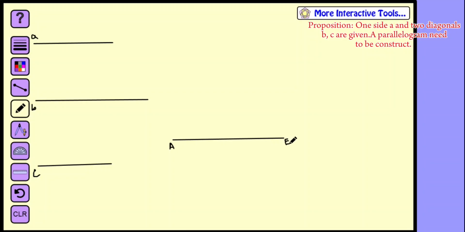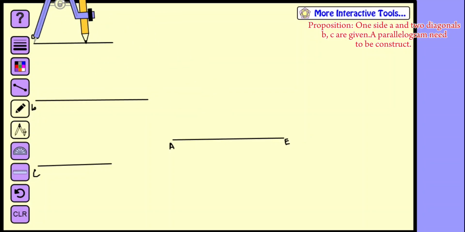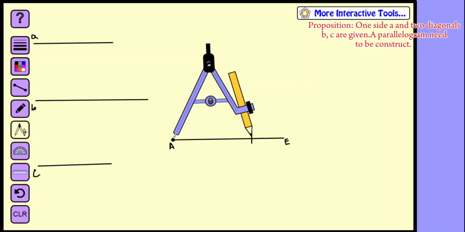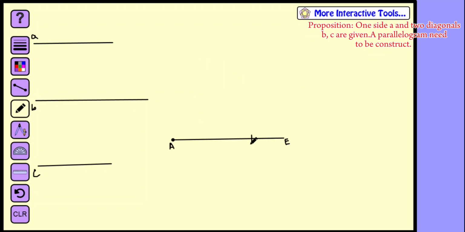Now take your pencil compass on A and take the measurement of side A. You can see we take the measurement of side A and cut it from A, and then we give the name B to our cutting point, and this line is equal to A, so that is our side. Now going for the next process.